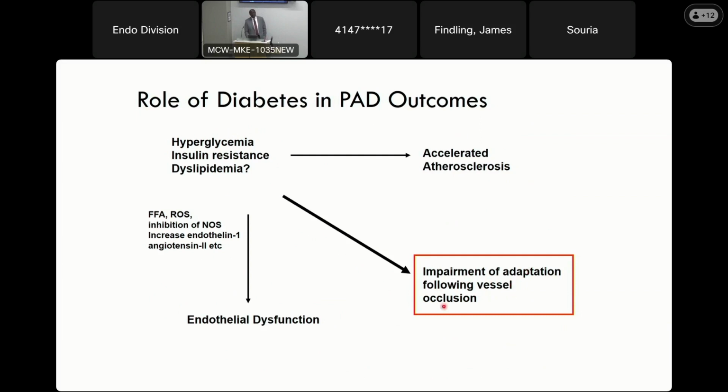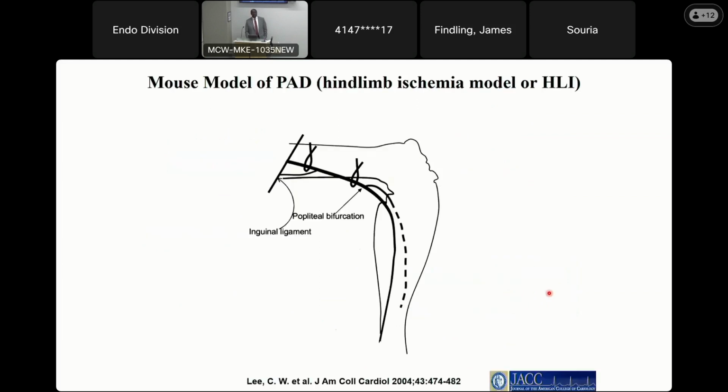So this impairment of adaptation following vessel occlusion is an area that's been of interest to my group. Like many forms of human diseases, PAD, there's been a mouse model of it that's been developed, and that's what I'm trying to show here. Essentially, what you do in the mouse model is you ligate the femoral artery proximal and distal to the popliteal bifurcation, and you excise this segment.